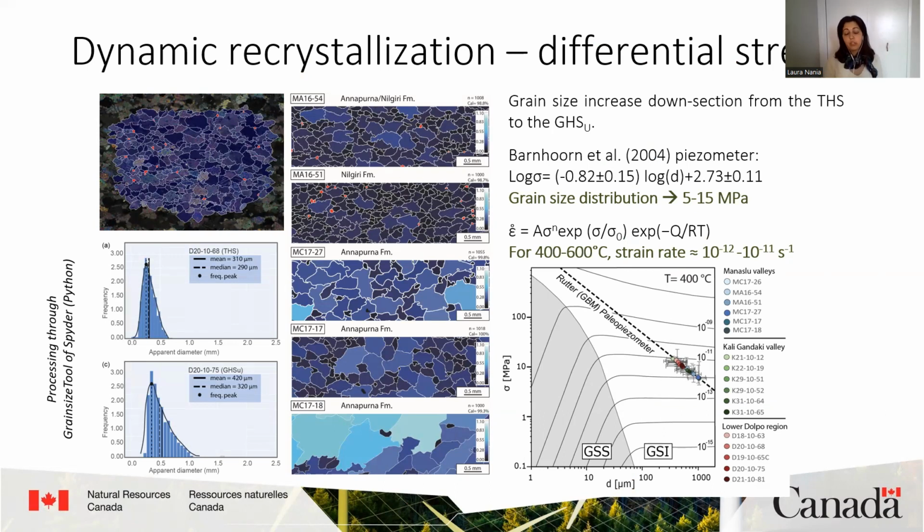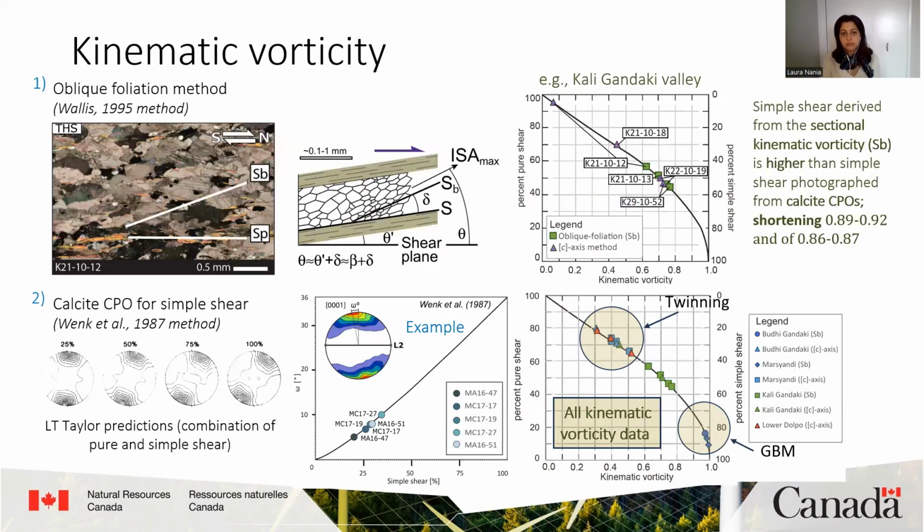For the same rocks, in this case, the differential stress was around 5 to 15 megapascals, so one order of magnitude lower than what we have seen before for twinning. Whereas the strain rate is almost the same, general natural strain rates, from 10^-11 to 10^-12 per second.